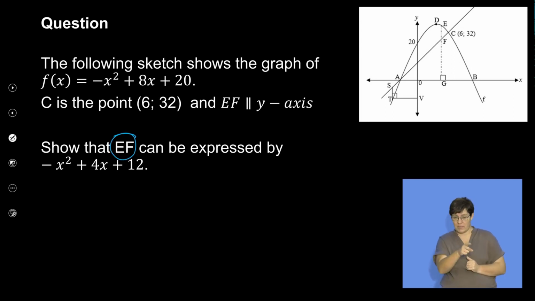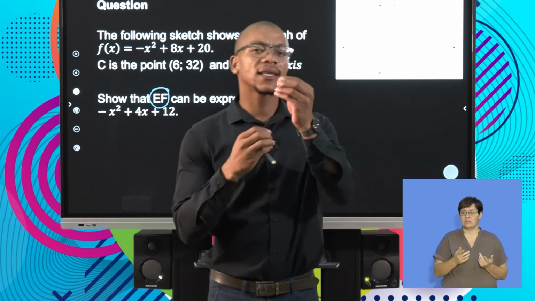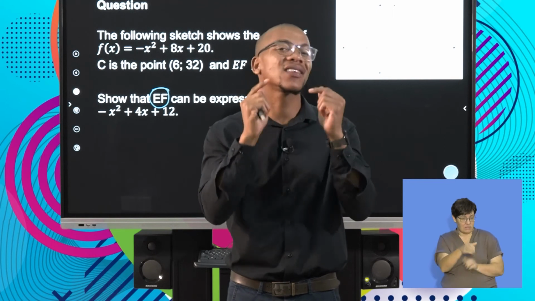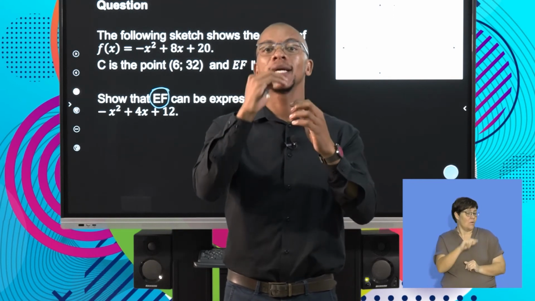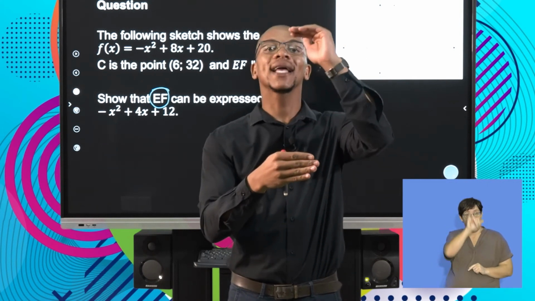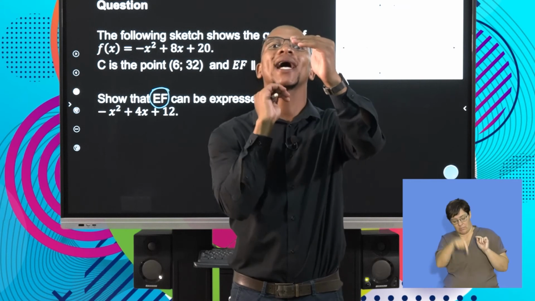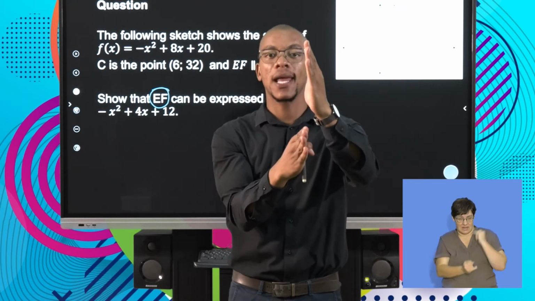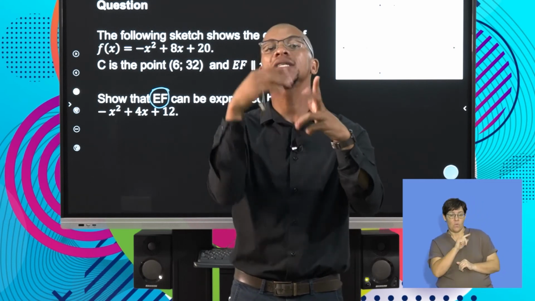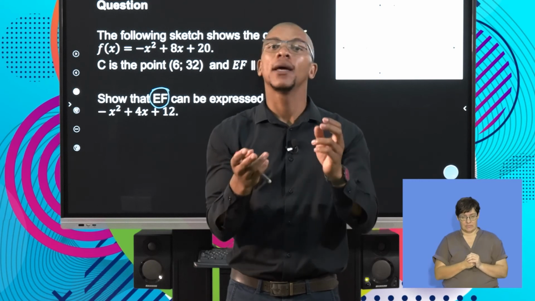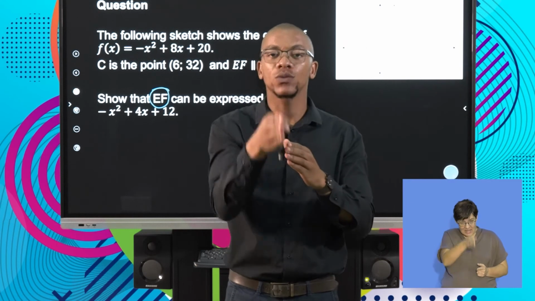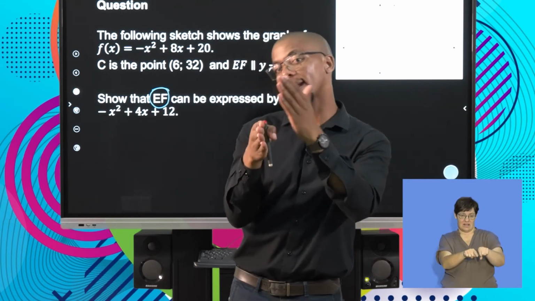Remember that I said the fact that they said EF is parallel to the y-axis was very important for us to think about, because it tells us that the vertical distance that we need to find will be the y at the top minus the y at the bottom of that particular line. So it will be y at E minus y at F, because E is at the top and F is at the bottom. But you can only do that if they do mention that the line that we want you to find the distance of is parallel to the y-axis.